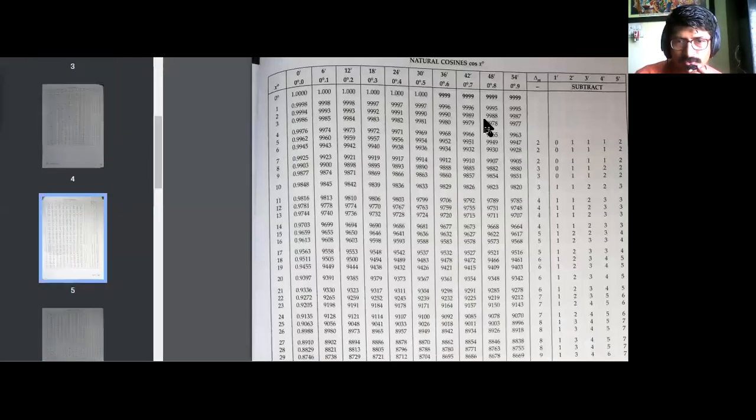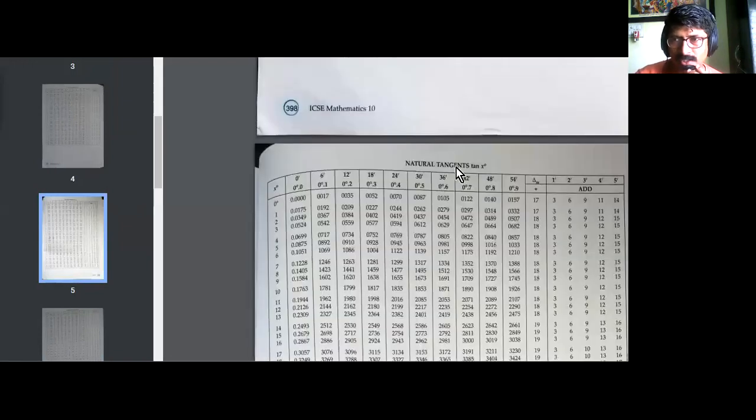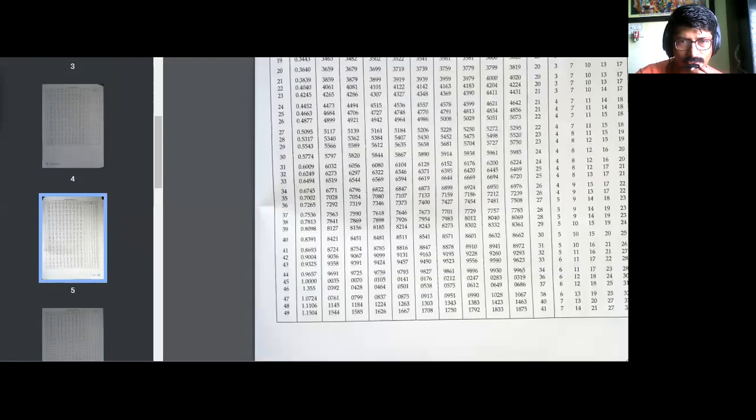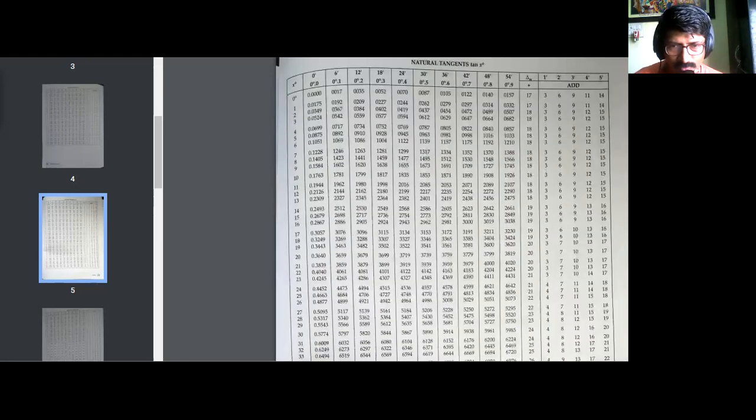Tangent. So tangent 38 degrees. This is tangent, and we want tangent 38 degrees and 30 minutes. 38 degrees over here and 30 minutes over here. One second, I'll make it a little smaller so that you'll be able to see. 38 degree and 30 minutes, so this is this one.